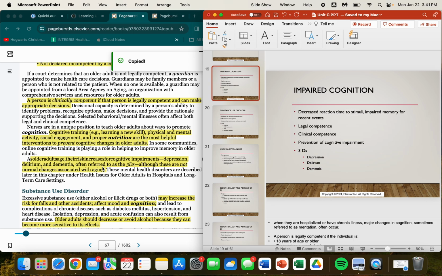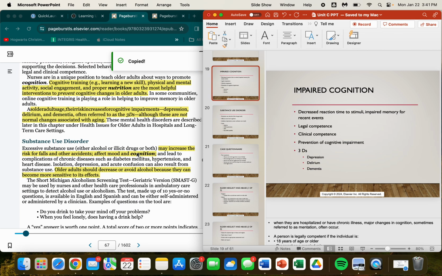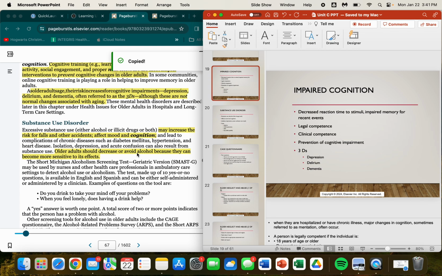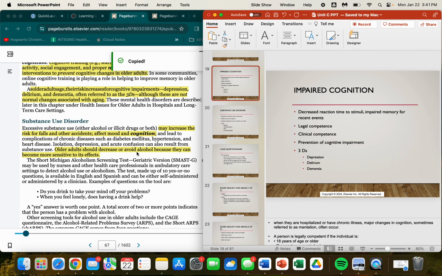We want to prevent cognitive impairment through things like cognitive training, engagement in physical and mental activities, social engagement, and nutrition, all of those things that are wholesome for older adults to help promote their cognitive engagement as much as possible.